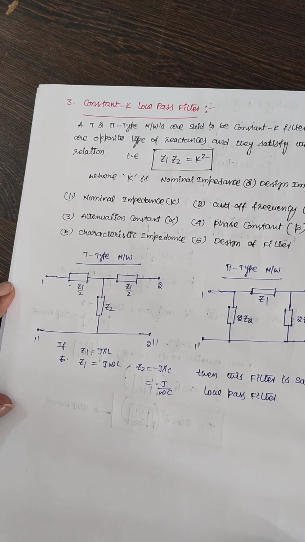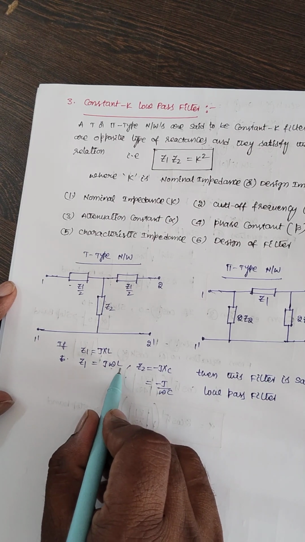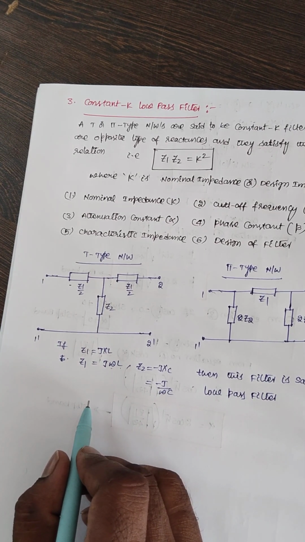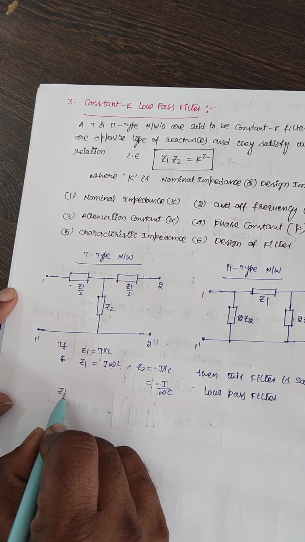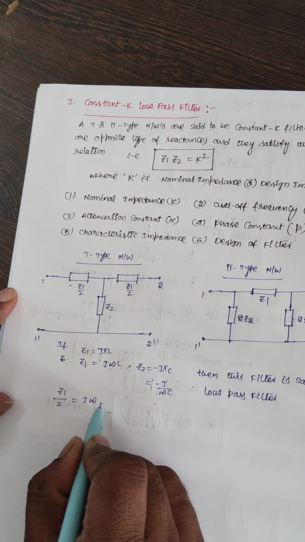So for low pass filter, let me draw this. Here Z1 is equal to J omega L. Then what is Z1 by 2? It is Z1 by 2 is equal to J omega L by 2.